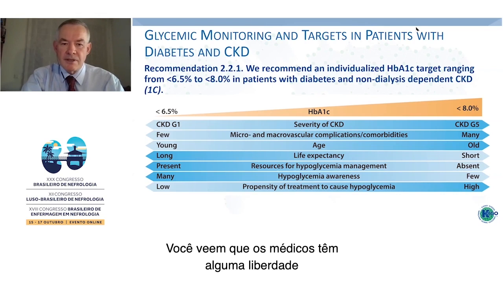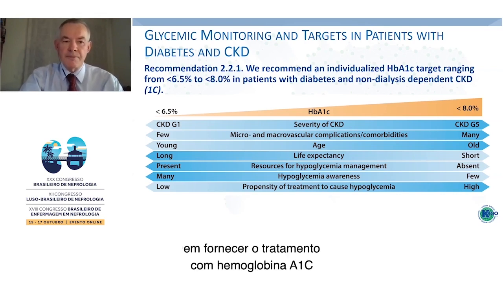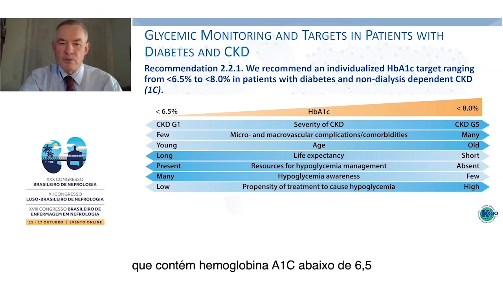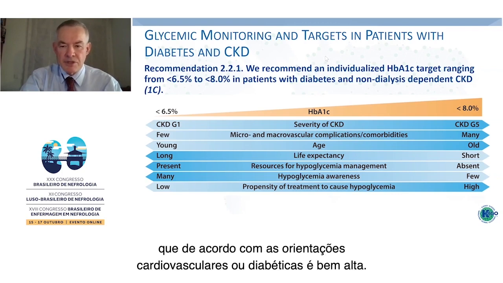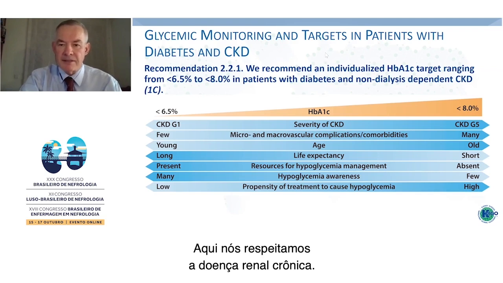And you see that a physician has some liberty to provide a hemoglobin A1C treatment target lower than 6.5, or to decide to stay at 8, which is, according to cardiovascular or diabetes guidelines, pretty high. But we respect here chronic kidney disease.